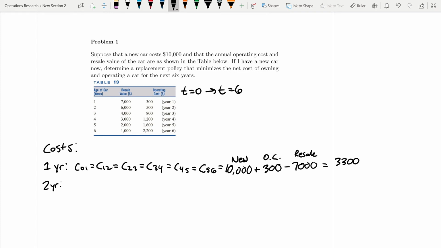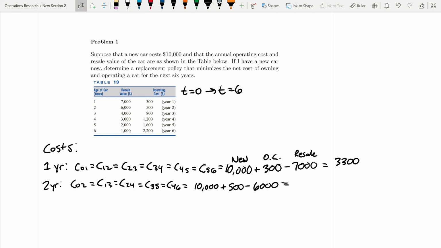For 2 years with a car, we're going to go from either 0 to 2, 1 to 3, 2 to 4, 3 to 5, or 4 to 6. And this is going to cost us that $10,000 for a new car, plus the operating cost, which is $500, minus the $6,000 resale.